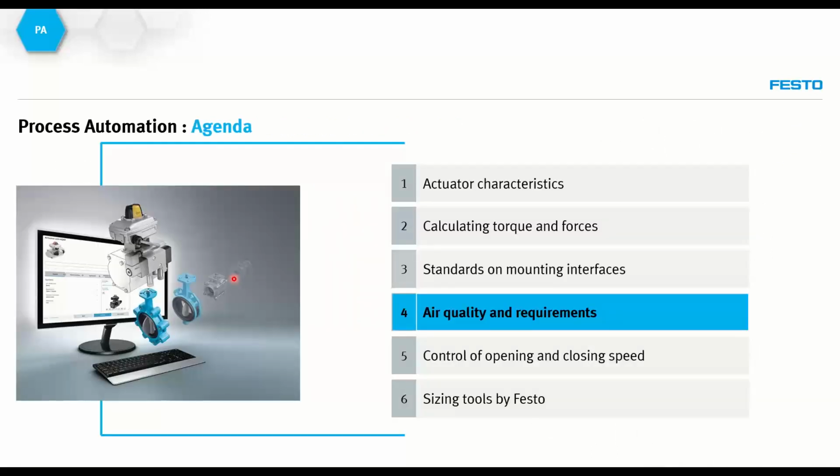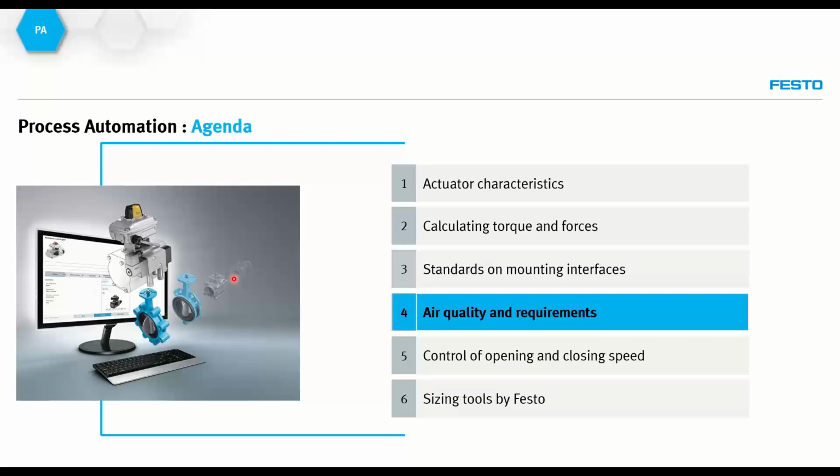Now we have covered the torques of the valves, the actuators, and the mounting interfaces. So then what about the air quality? In most cases, customers neglect the air quality that we are using in our system.